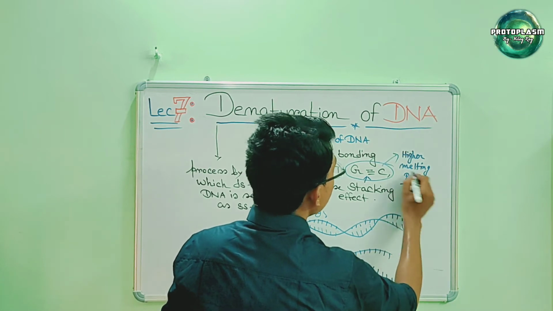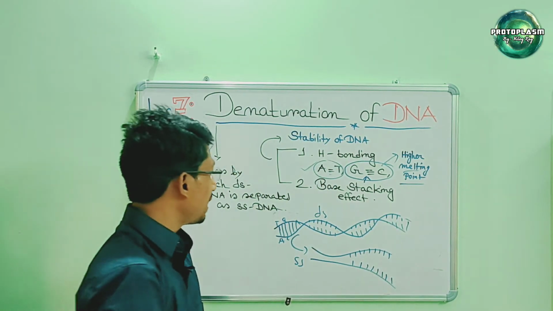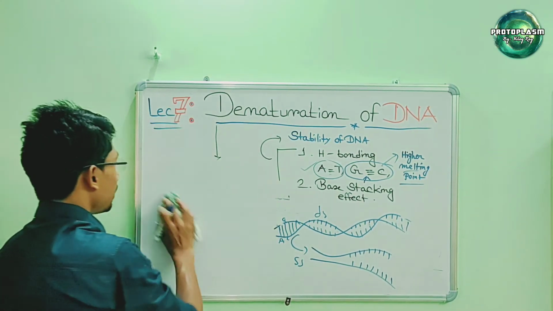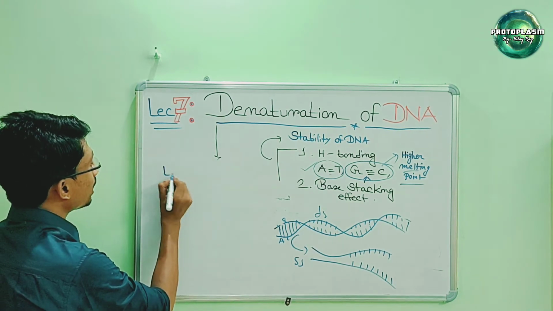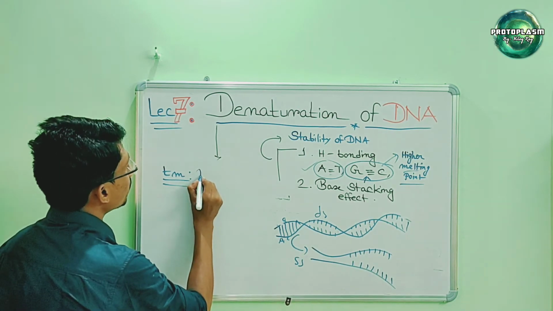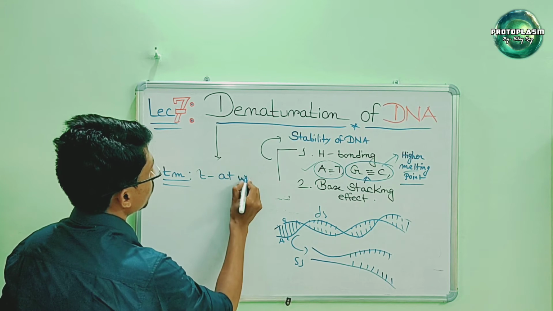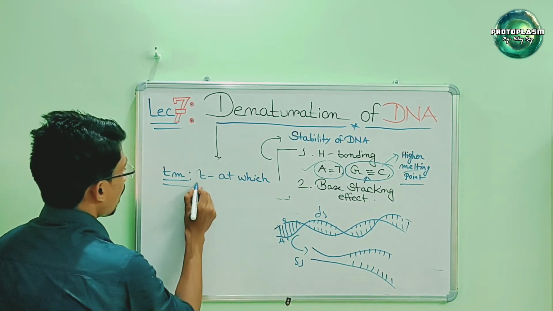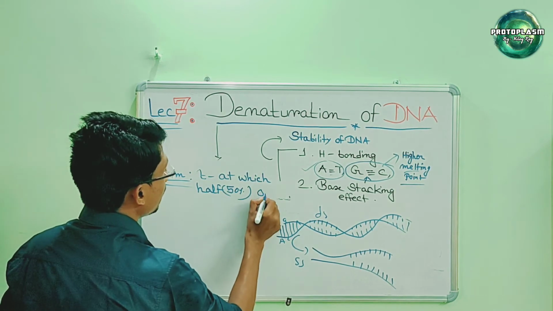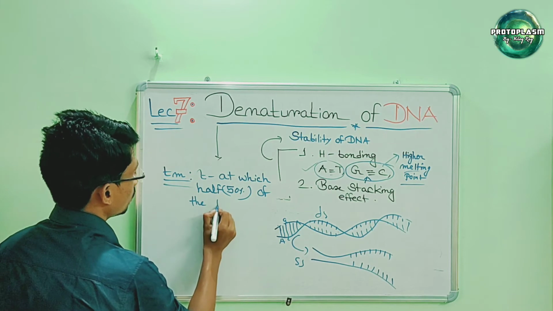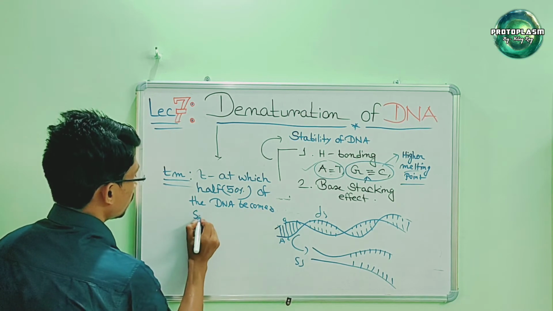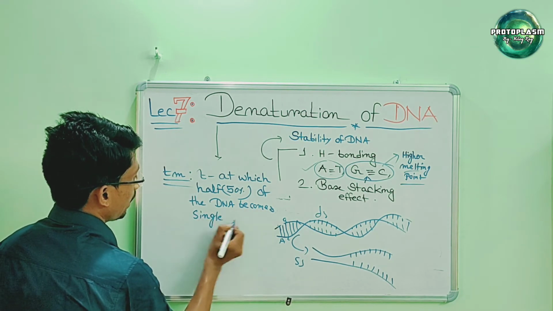Here I introduced a new word, the melting point of DNA. So what is the DNA melting point? The melting point of DNA, denoted by Tm, is defined as the temperature at which half, meaning almost 50% of the DNA, becomes single-stranded.